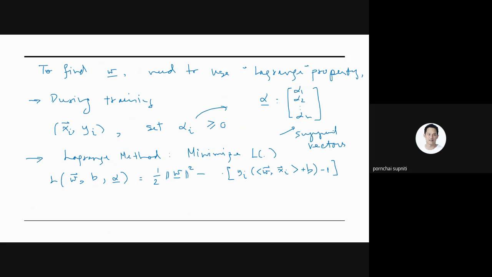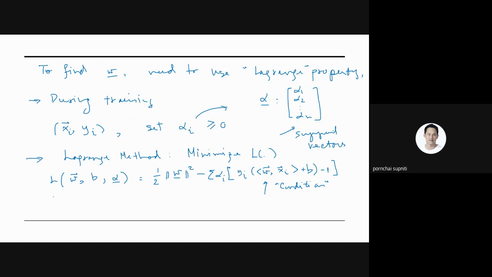And here we add the alpha parameters, and the summation is just the sum. The right hand side comes from the previous condition for the optimization.